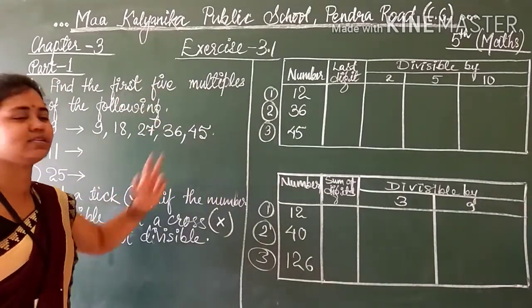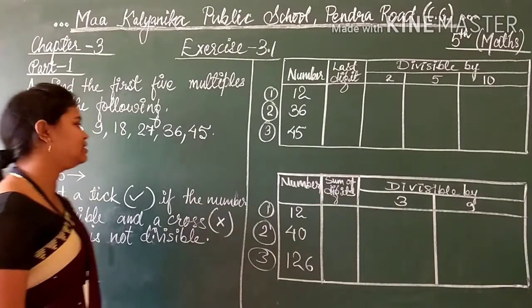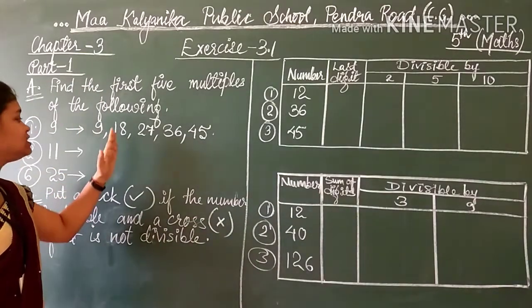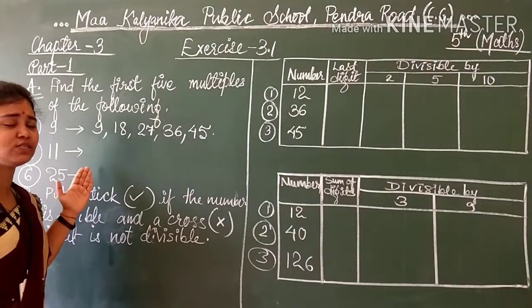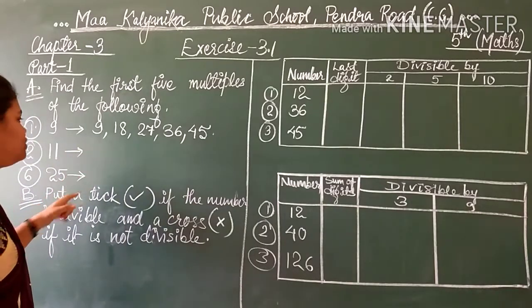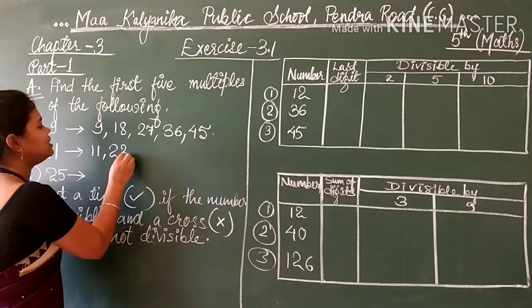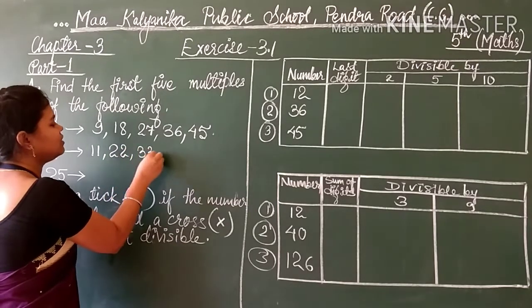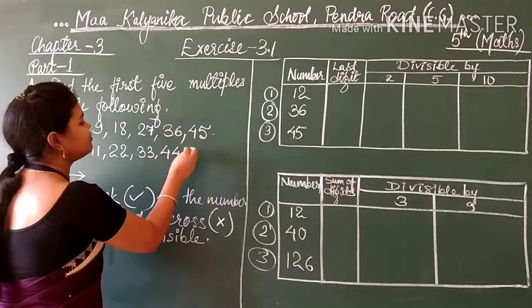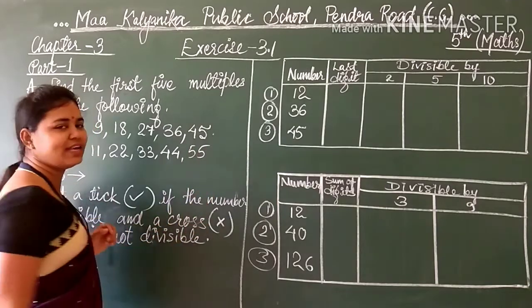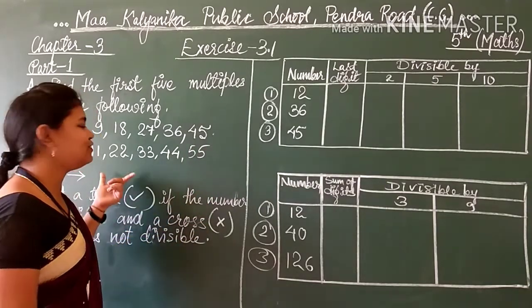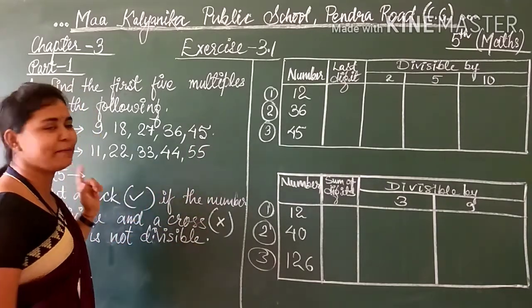So these are the first 5 multiples of 9. Getting this, I think you are able to solve the rest, but I will tell you 2 more, like 11. 11 ones are 11, 11 twos are 22, 3s are 33, 4s are 44 and 5s are 55. Yes students, I hope you know the table of 11 very well.